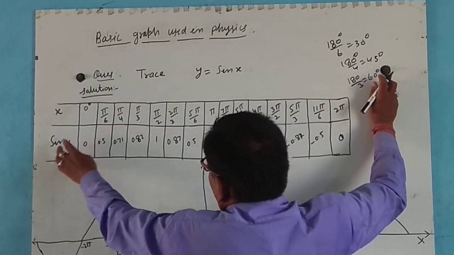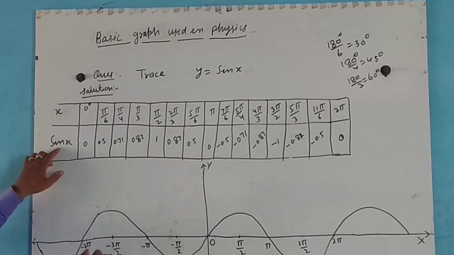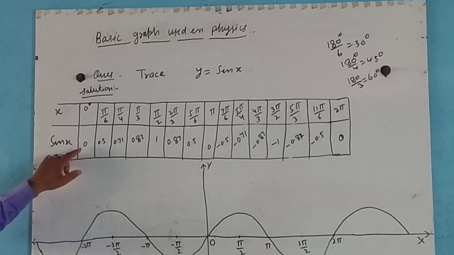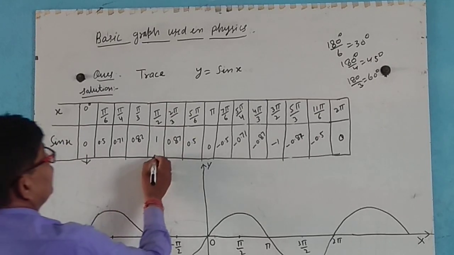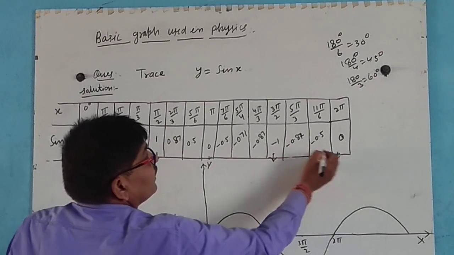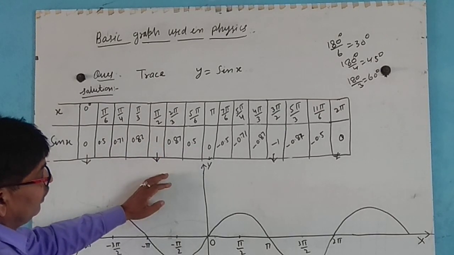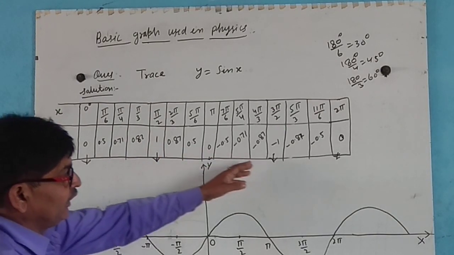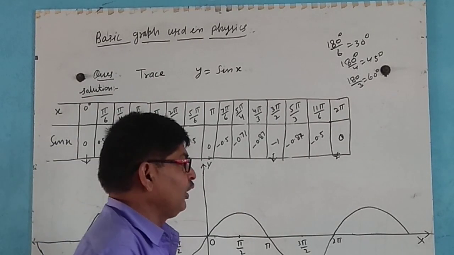We calculate the value of x and corresponding to it get the value of sin x: 0, 0.5. Then we see that it goes from 0 to 1, after that 0, फिर negative. Such type is our curve. Now this value we see with the help of sine tables and put it.